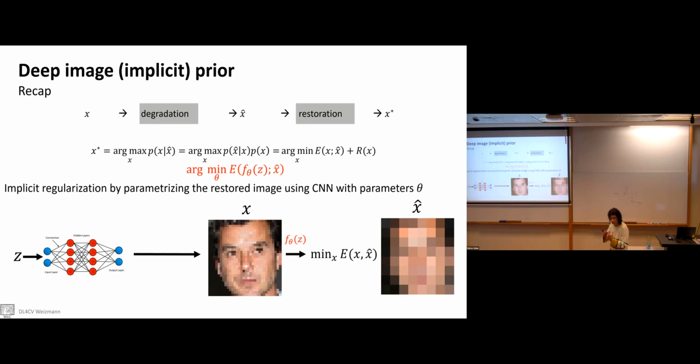Since the time to converge is related to these eigenvalues, the neural network first converges to the low frequency part, and only after many epochs, which can be a very long time, does it converge to the higher frequency part.